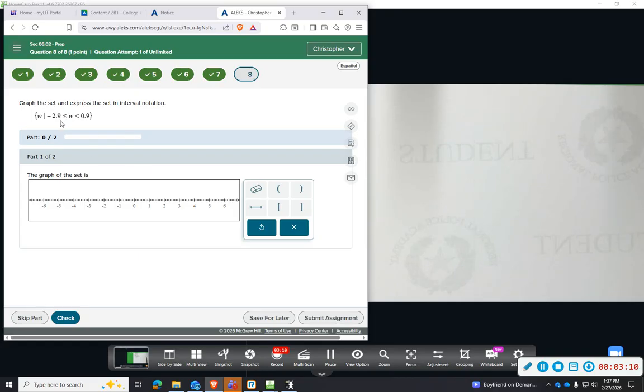So I'm going to go to the leftmost number, which is -2.9, just before -3. And then the rightmost number, since the inequality does not have an equal to line, is going to be in parentheses. So we're going to go to 0.9 and put a parenthesis, and then our line segment will just be between those 2 points.